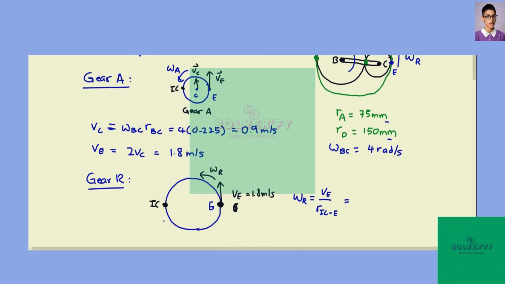So from IC to E would be 450 mm. So we have 1.8 divided by 0.45 meters, we get 4 radians per second. So this is the answer for this question.